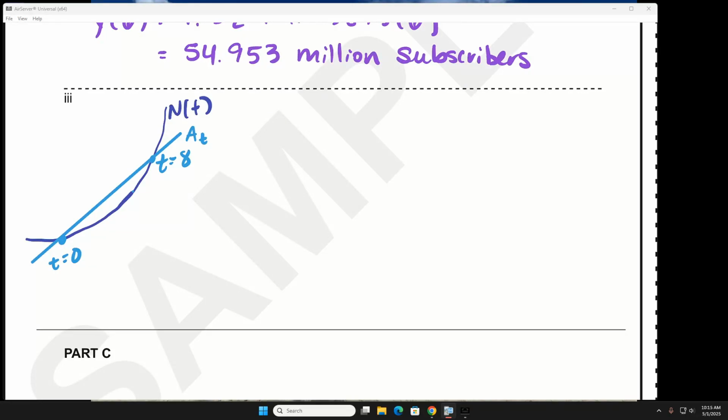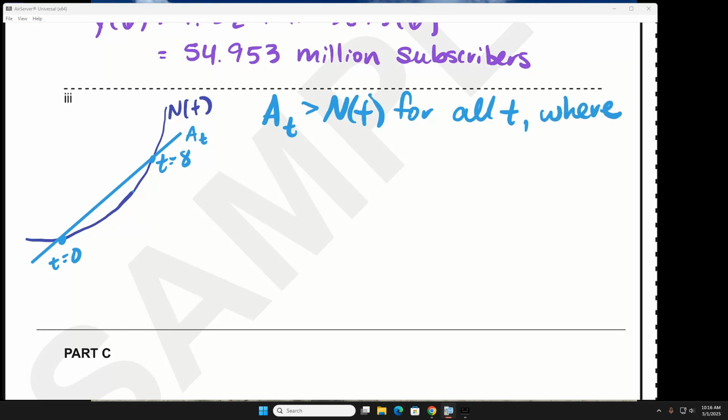Okay, so now I'm going to go back to the words of the problem. To that second to last sentence. So we're going to explain why, in general, A sub t is greater than N of t for all t where 0 is less than t is less than 8.